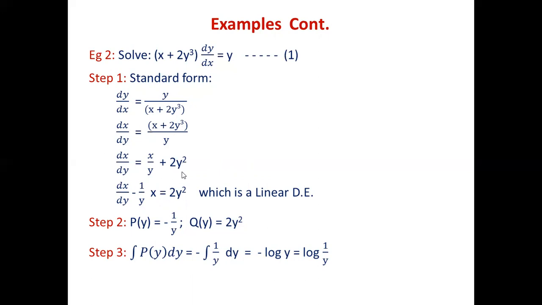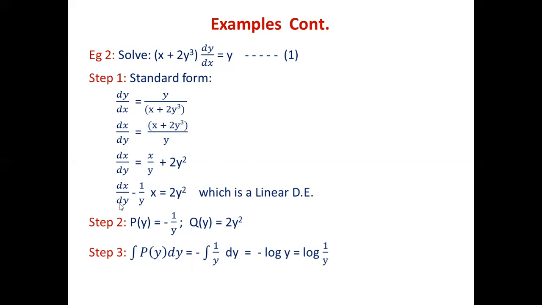So here you are forced to take the reciprocals, and that is how you got the second standard form. So this is the linear differential equation in x. It is clear in the given differential equation that you cannot proceed with dy by dx. So now you are in the second standard form.